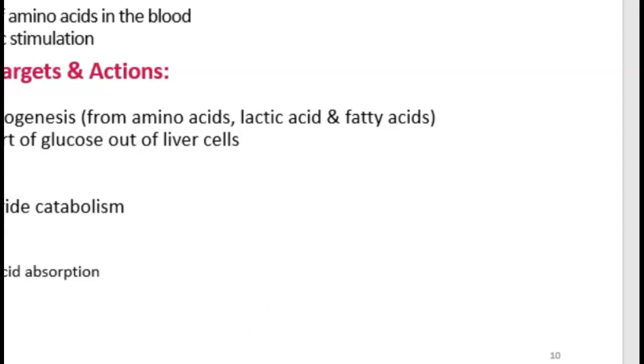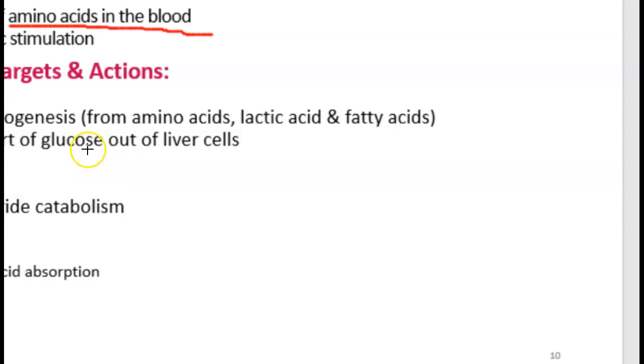Now there's other stimuli for glucagon secretion, particularly amino acids. So a high level of amino acids, like after a high protein meal, amino acid levels in the blood go up, and that triggers glucagon release.